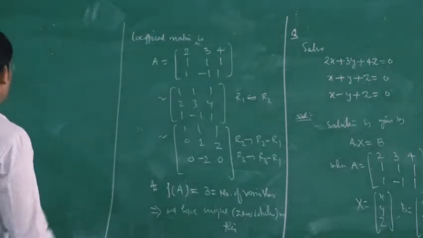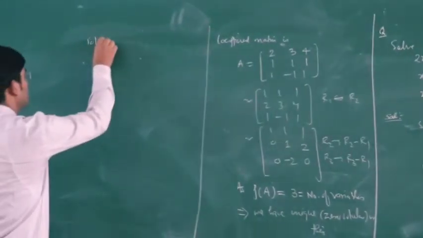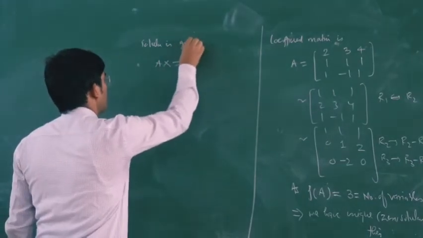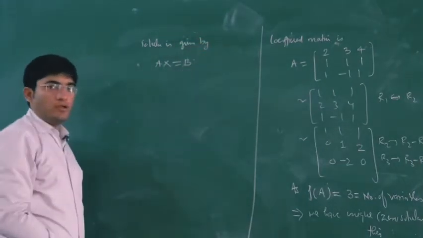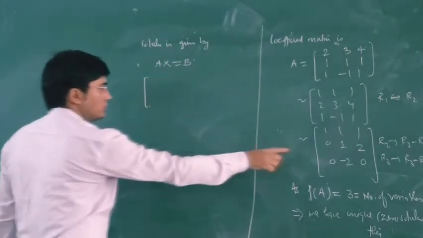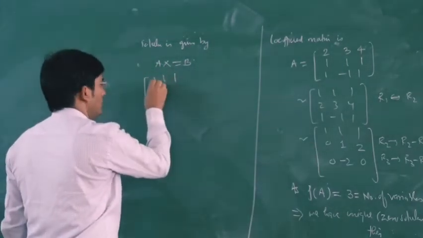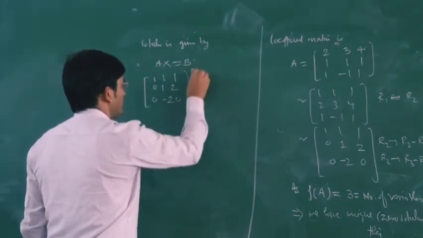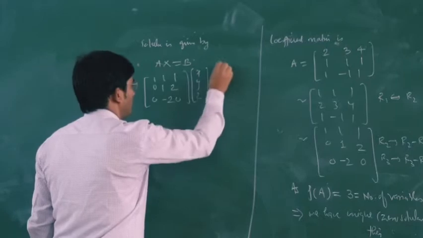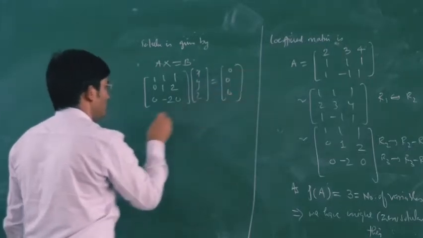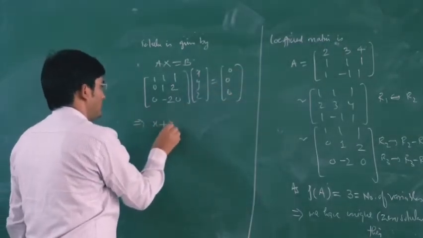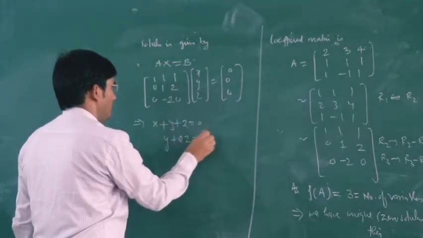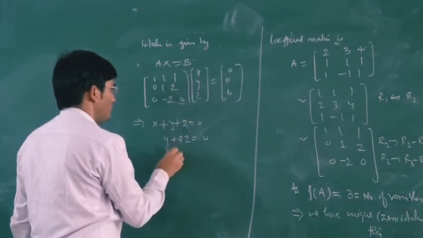So solution is given by Ax equal to b, where A is [1, 1, 1; 0, 1, 2; 0, -2, 0], x is [x, y, z], and the right hand side is [0, 0, 0]. So from here we have x plus y plus z equal to 0, y plus 2z equal to 0, and minus 2y equal to 0.